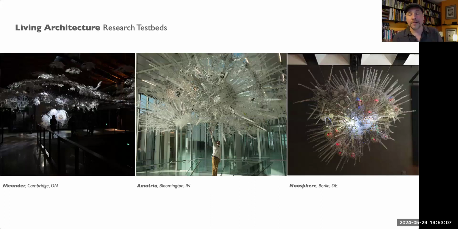And the work practice of the Living Architecture Systems Group has been to create these essentially immersive sculptures that you can be within, and then to deploy them around the world in lots of places where actual people will actually be.